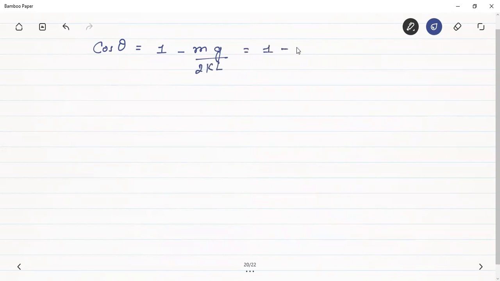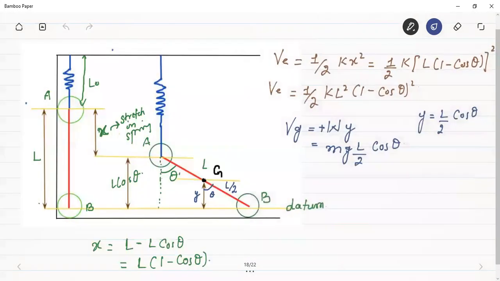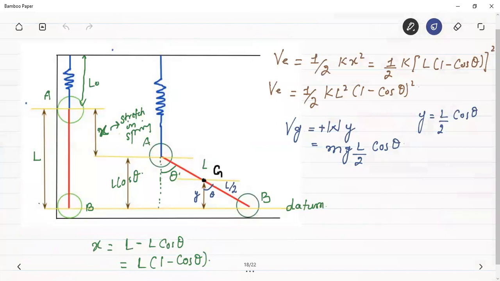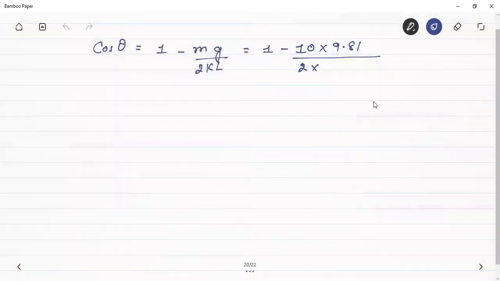We can substitute the values. The mass of the bar is given as 10 kg multiplied by 9.81. The spring constant was given as, let's look at it, 200 Newton per meter, and the length is equal to 0.6 meters.